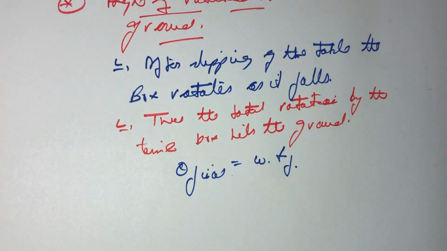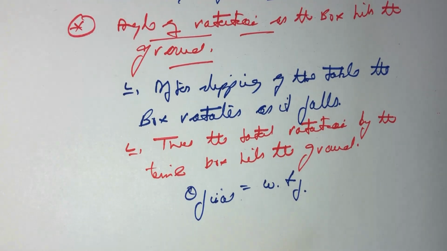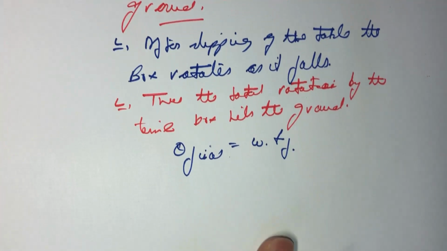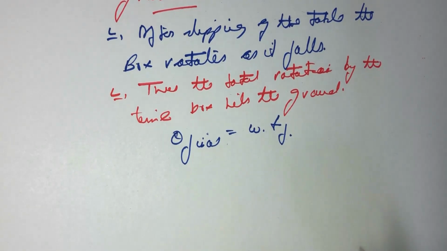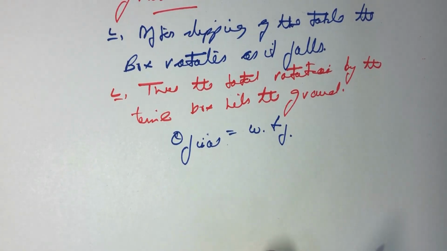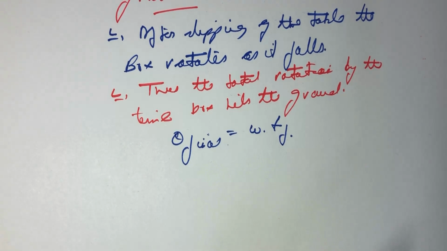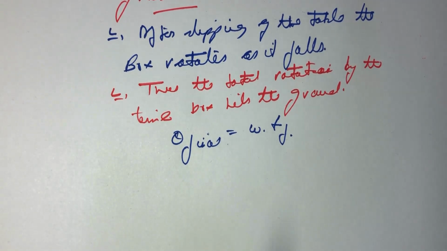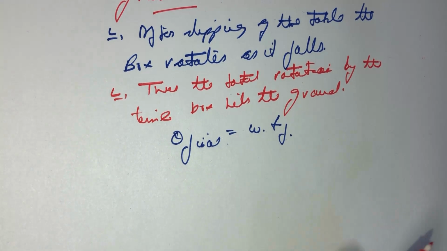And for the calculation of angular velocity, that is omega, we can use that as it is going to fall, there will be a force of gravity acting on the center of mass of the box, and that torque will force the box to rotate.